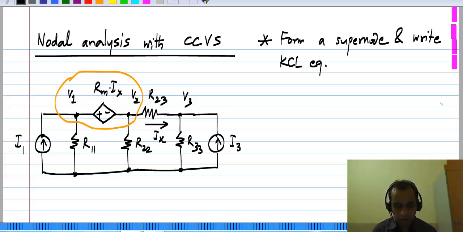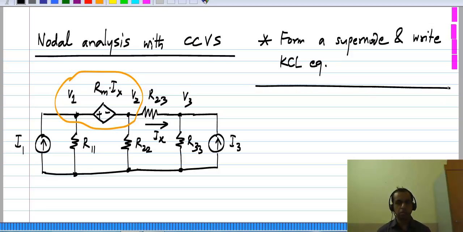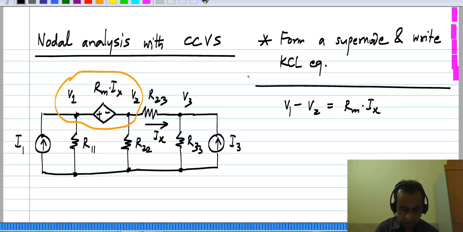Now, because you combine two nodes into a supernode, you have lost one equation, but you have the definition of the voltage source. So V1 minus V2 is Rm times Ix. Now Ix itself is some unknown, and Ix is the current flowing through this resistor.